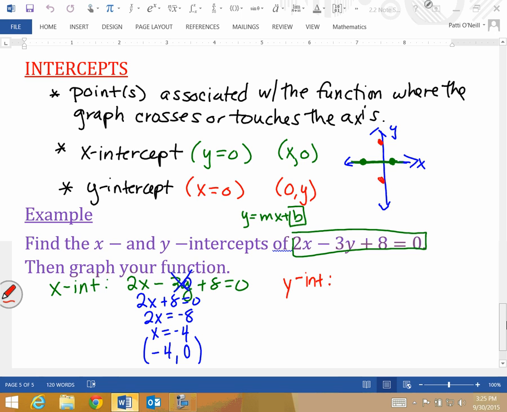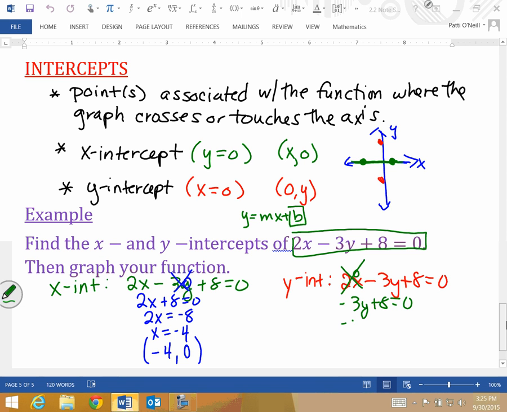The y-intercept, on the other hand, remember, is when x is equal to 0. So I'm going to take the same equation, 2x minus 3y plus 8 equal to 0, and this time we're going to make the x value equal to 0. And if I do that, that knocks out the entire x term, and we're left with the equation negative 3y plus 8 equals 0.